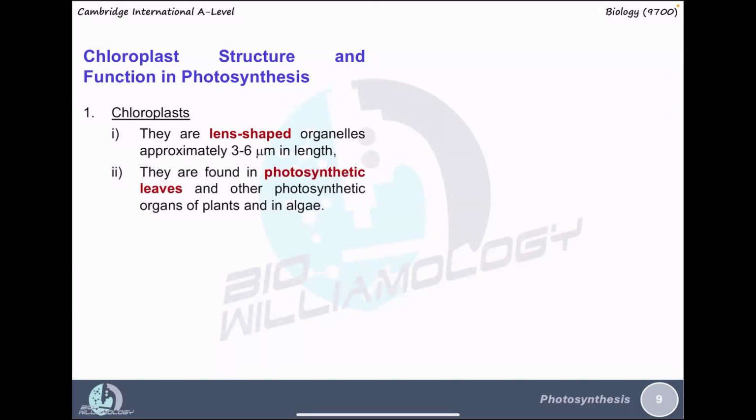They are found in the photosynthetic leaf and other photosynthetic organs of the plant as well as in algae. Therefore, not all plant cells have chloroplasts. For example, the root hair cells, cortical cells, and the cells at the stem do not carry out photosynthesis, therefore they do not have chloroplasts.